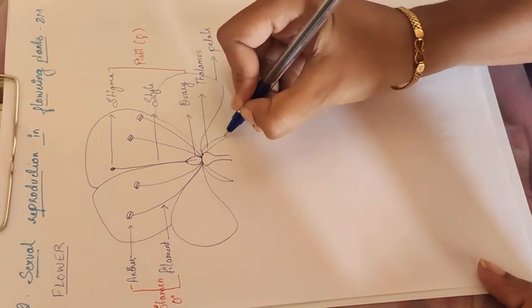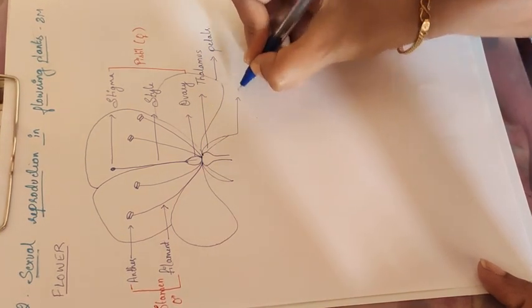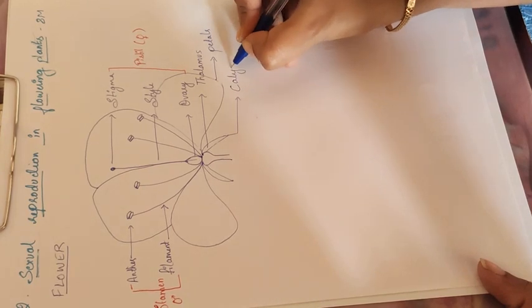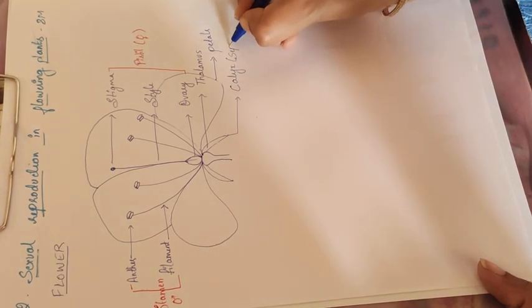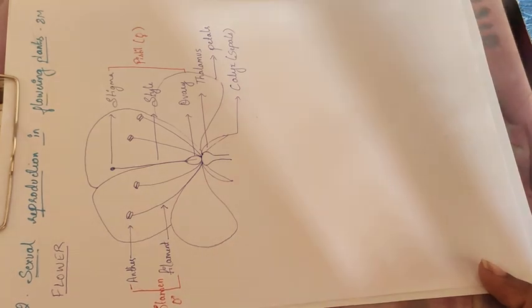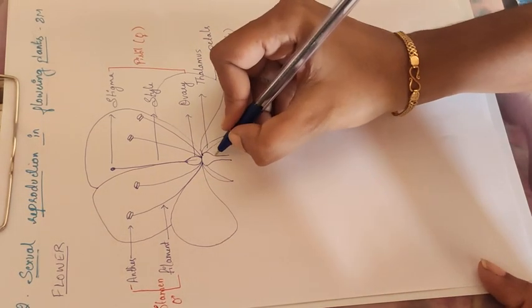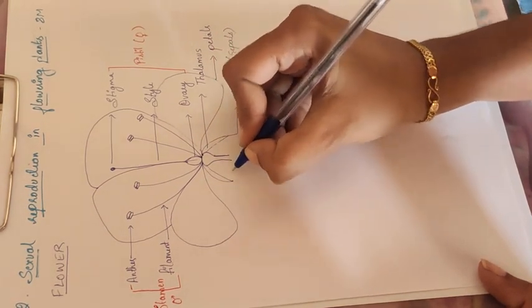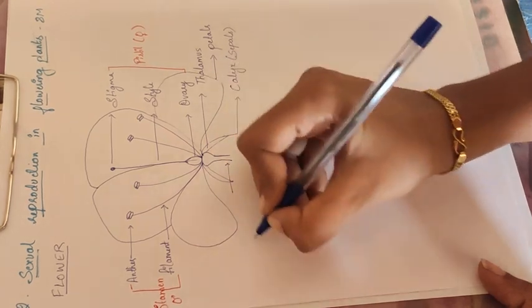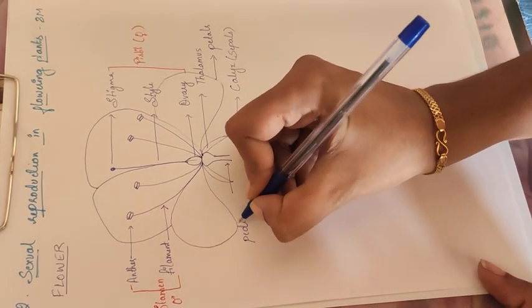So this is the fourth whorl called calyx or sepals, and the stalk of the flower is called the pedicel.